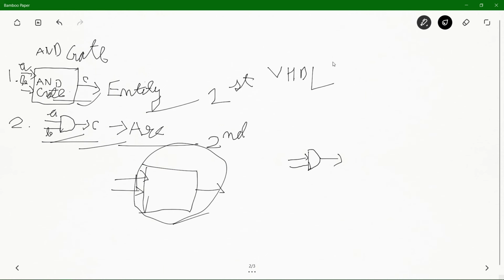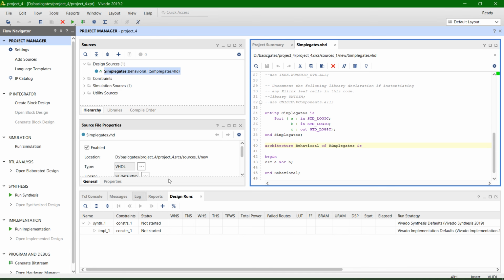Understood? So today, guys, I am going to show you the practical thing, how this is happening in my Vivado software. So this is my Vivado software, and I have already written the program. Here you can see that I have defined my entity name to be simple gates.